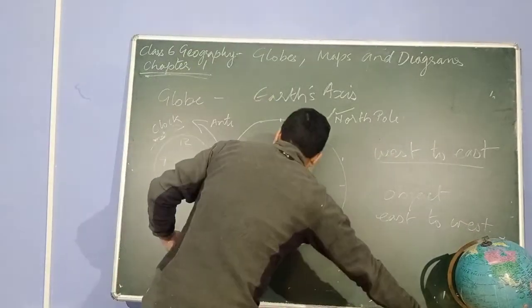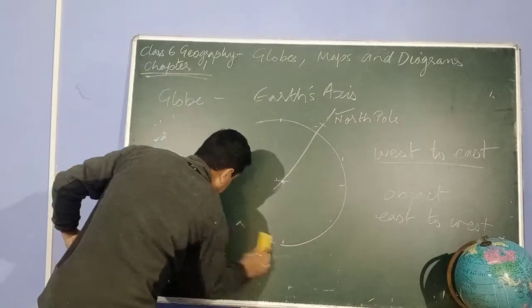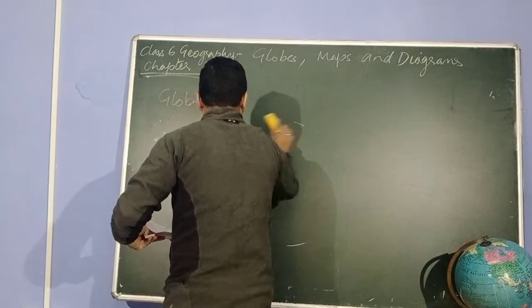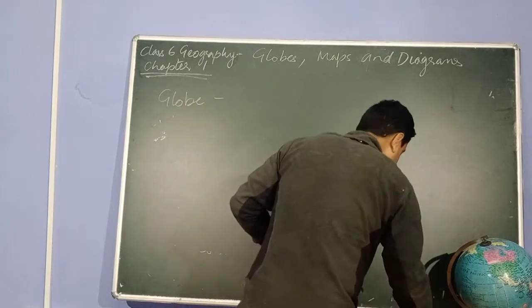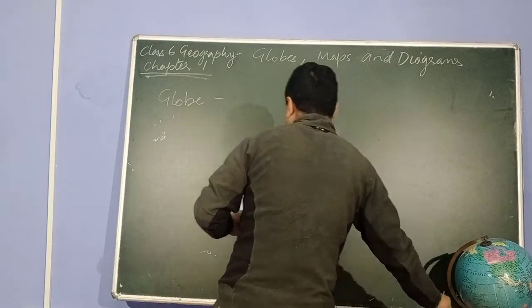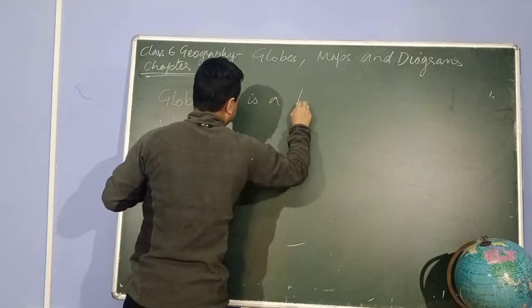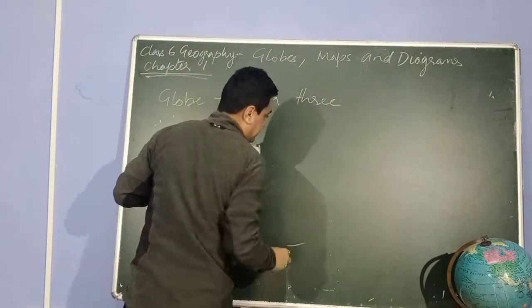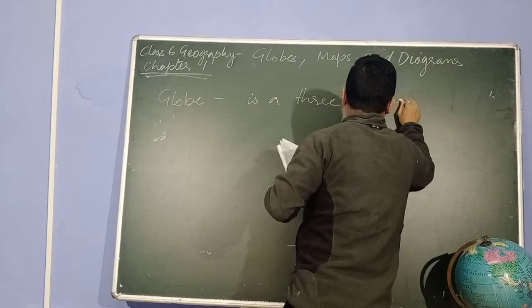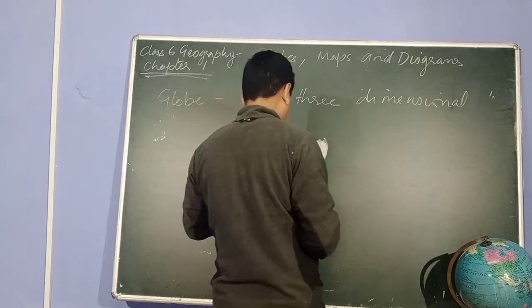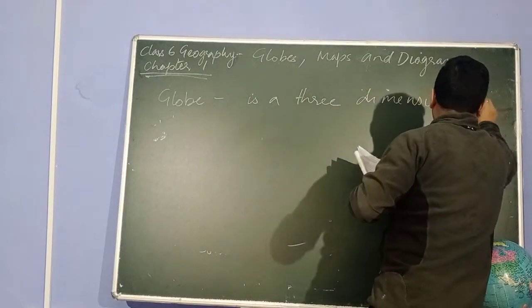So, another point that you have to remember about a globe, apart from rotation and revolution, is that a globe is a three-dimensional figure. We call it a three-dimensional object, or a figure.